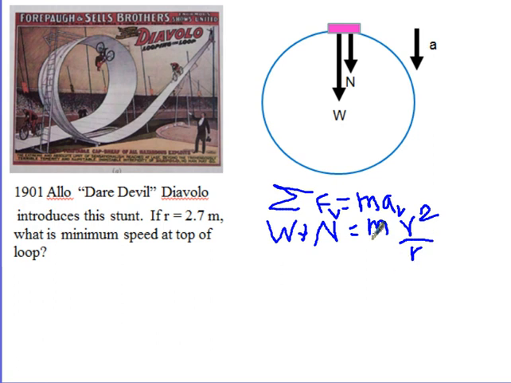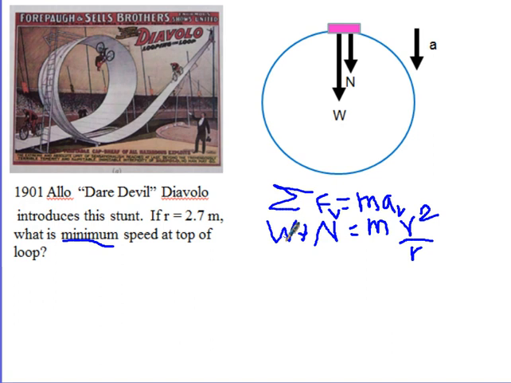But this minimum speed issue here, you need to realize that as Diavolo goes slower and slower across the top, as this velocity gets smaller and smaller at the top, the centripetal acceleration is going to get smaller and smaller, which means this side of the equation must get smaller. The weight can't get smaller.